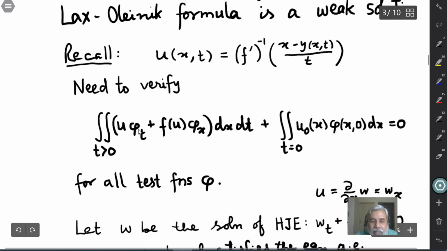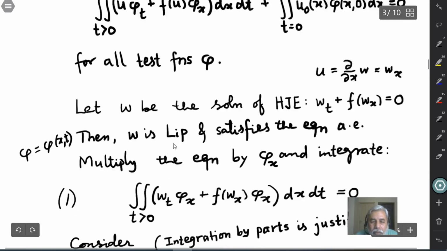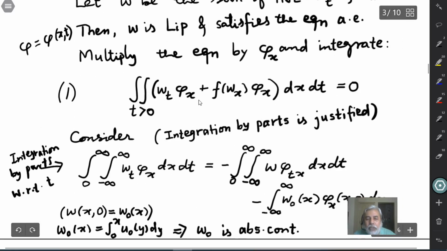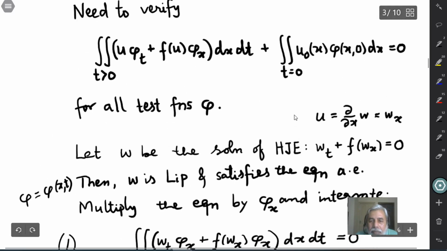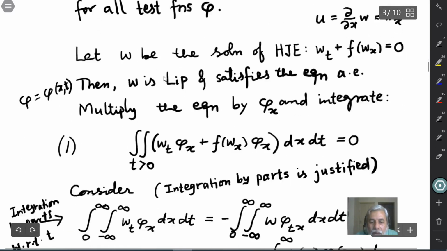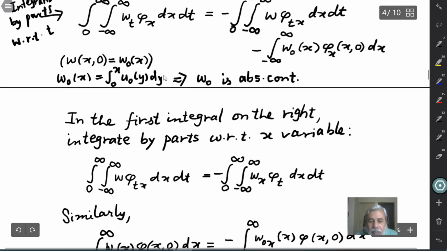We verified that it is a weak solution, again using the Hamilton-Jacobi equation. So you see that close relation between the Hamilton-Jacobi equation and the conservation law.